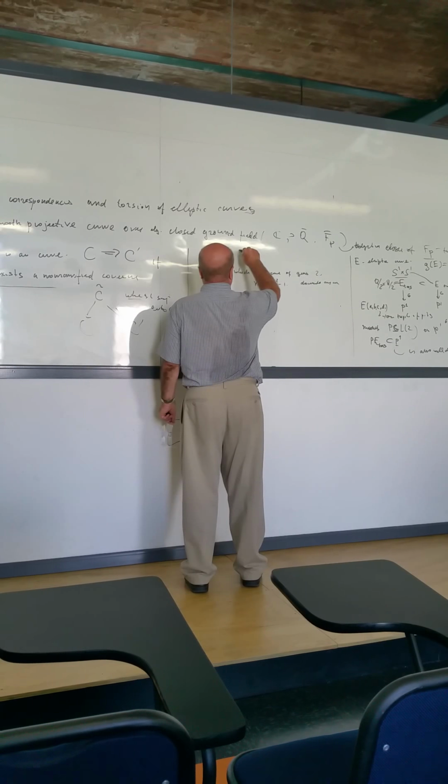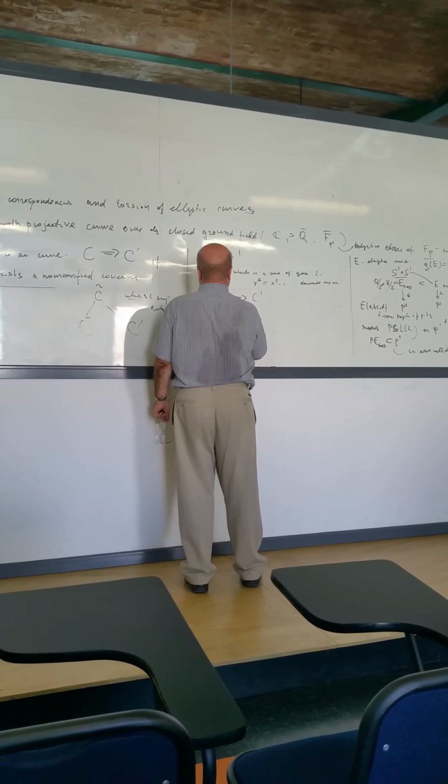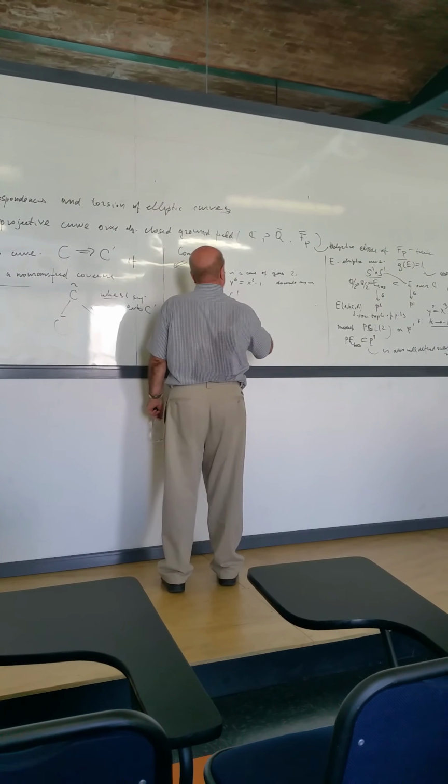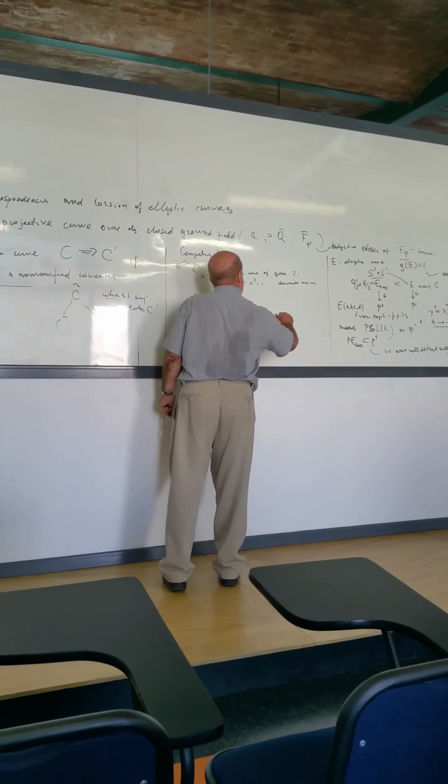So maybe I shall say conjecture 1, and then I say conjecture 1 prime: C6 dominates any curve C prime over Q bar.